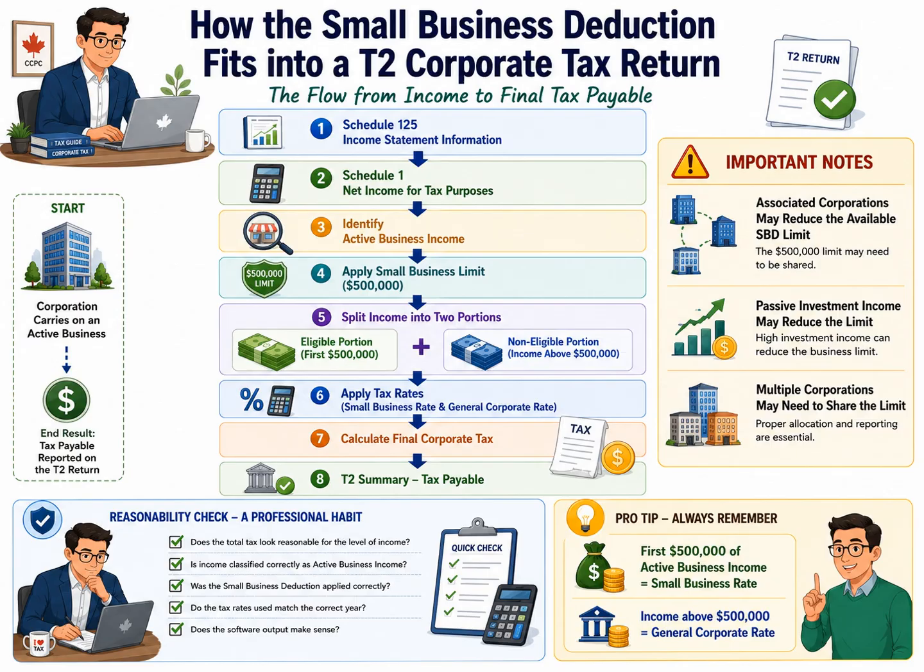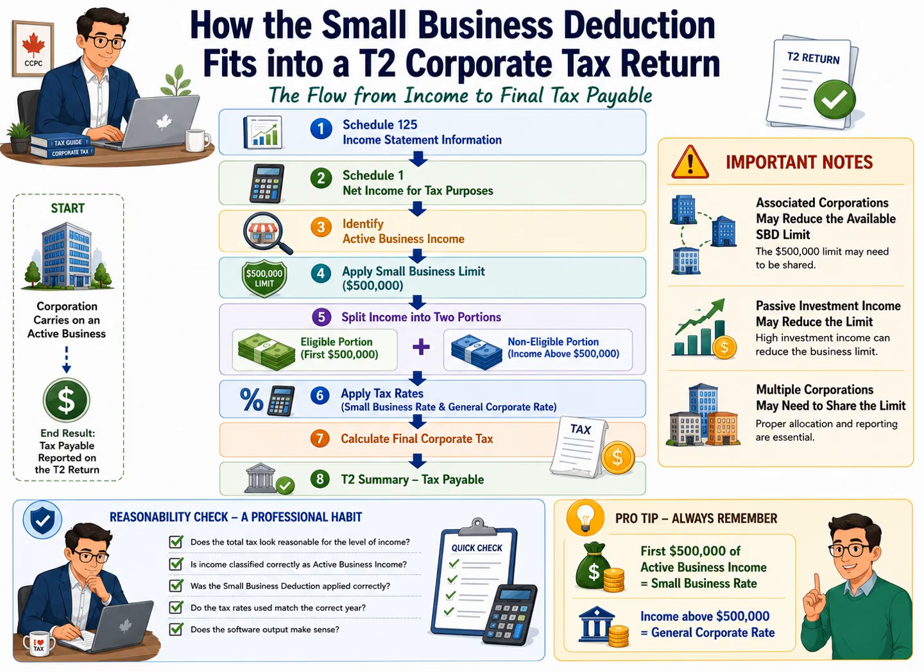Once net income for tax purposes has been determined, the next step is to identify the corporation's active business income. This is important because only active business income is eligible for the small business deduction. After identifying the eligible income, the small business limit is applied.